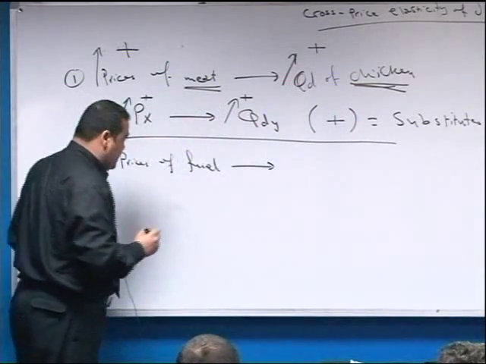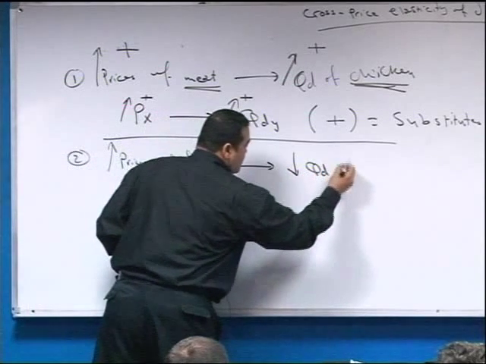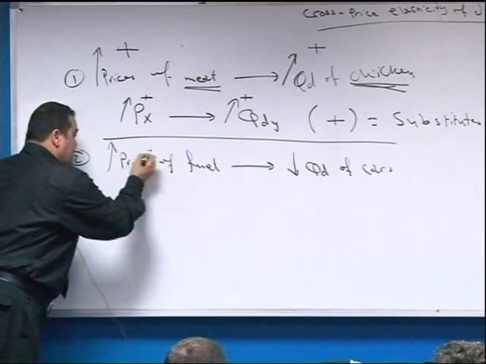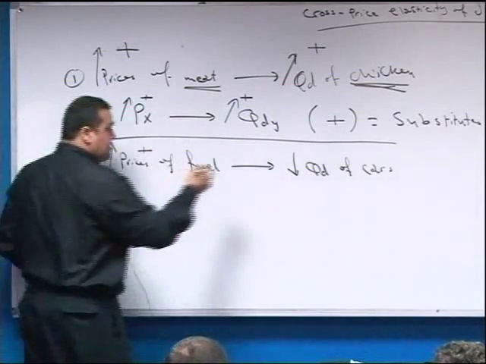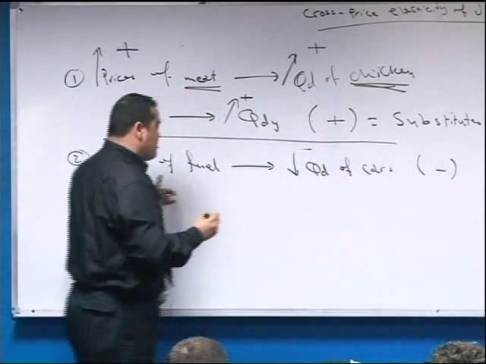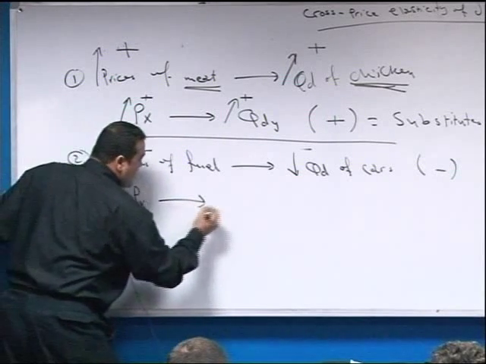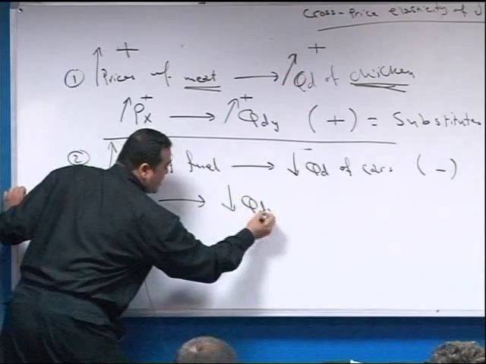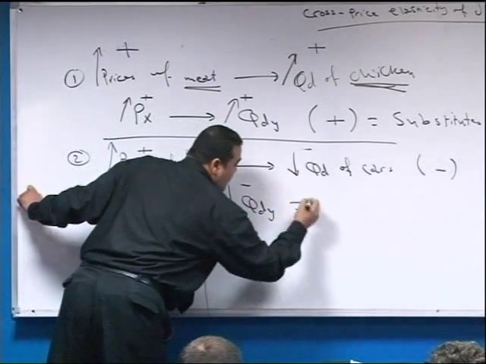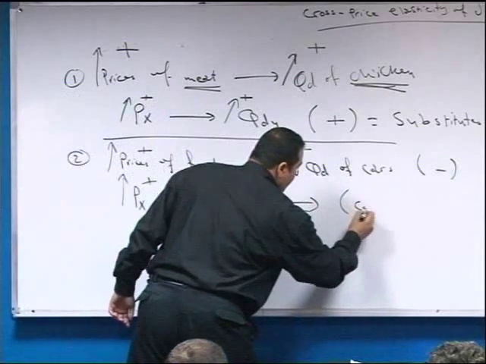Yes, complementary. There is a reduction in the quantity demanded of cars. So, we have a positive increase and a negative decrease. The final result would be negative. So, these 2 products are complementary.